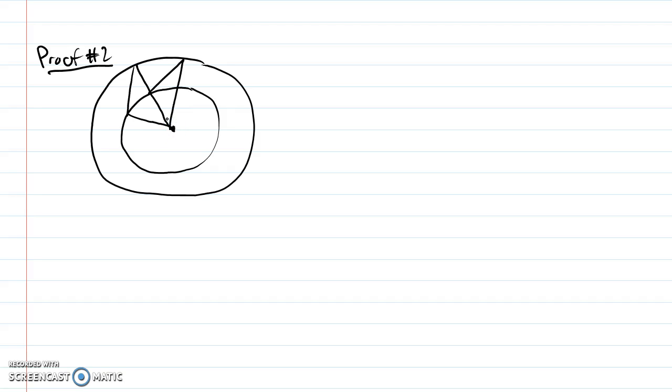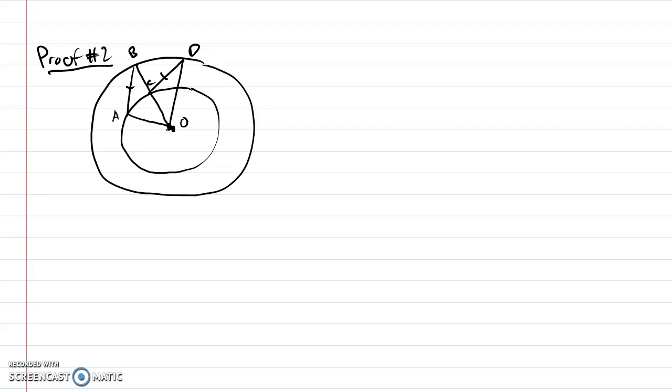Now, what they gave us is that that is the same as that. So let me write some letters in here. This is A, B, C, D, and O for the center point right there.